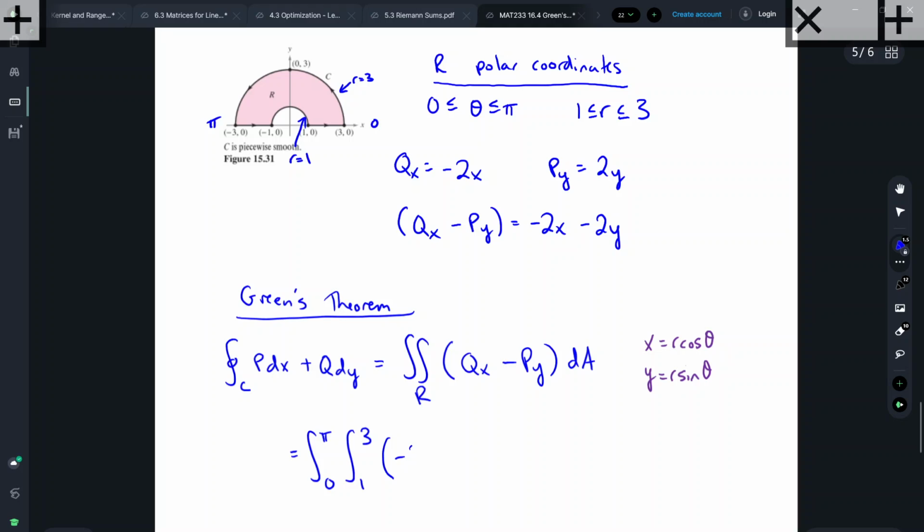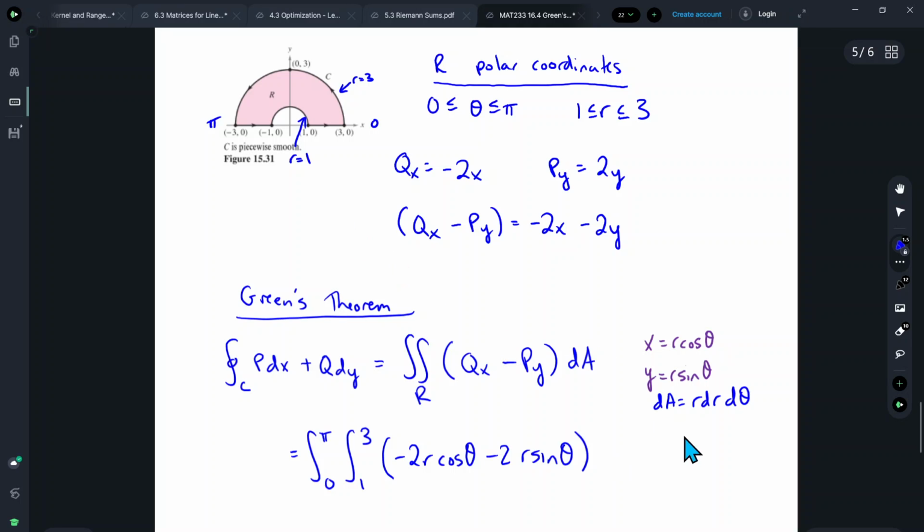So we have minus 2r cosine theta minus 2r sine theta. And also, don't forget dA is equal to r dr d theta. There's this extra r when working in polar coordinates. So we have r dr d theta.